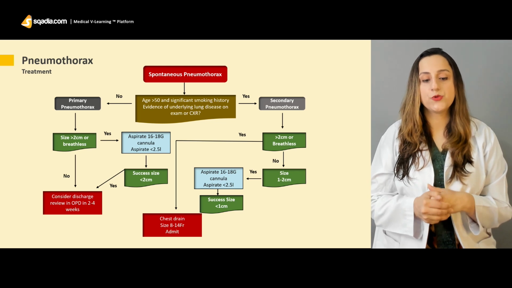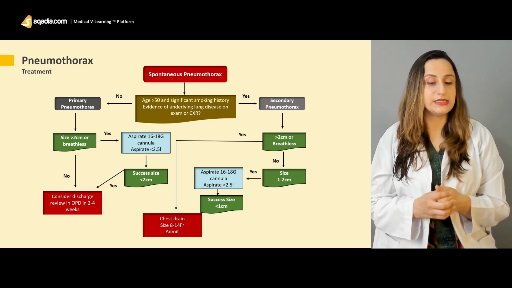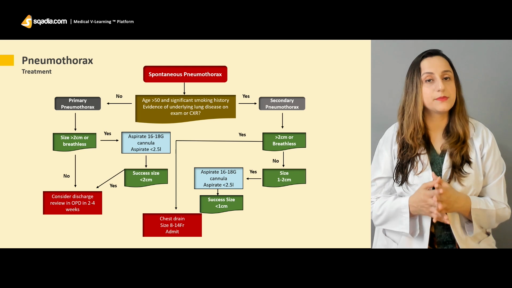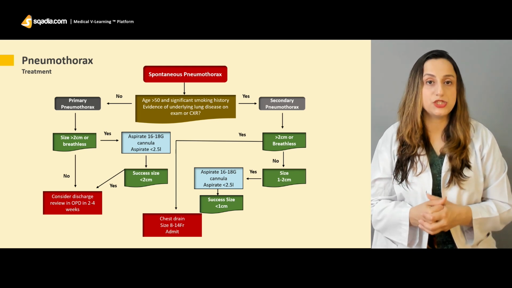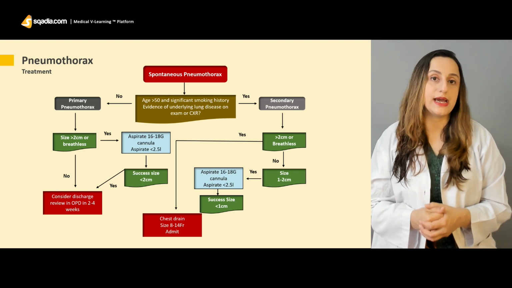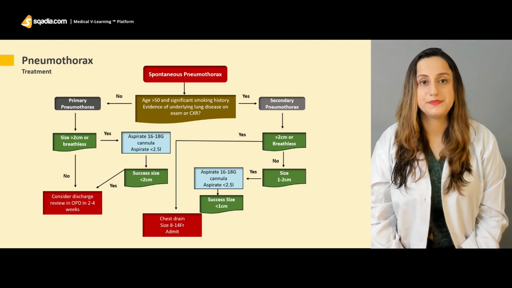Size of the chest drain would be almost 18 to 14 and you would be basically admitting the patient and it is basically a hospitalized procedure and the patient has to be under observation as well.